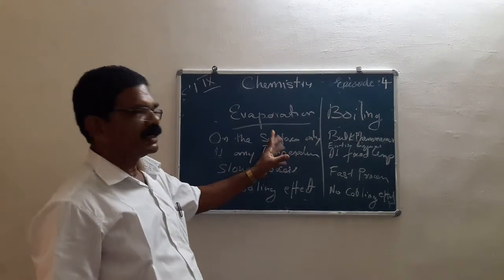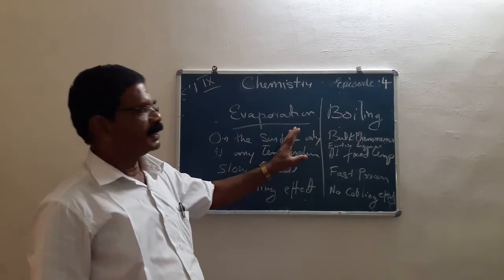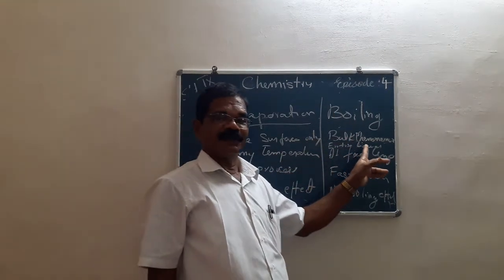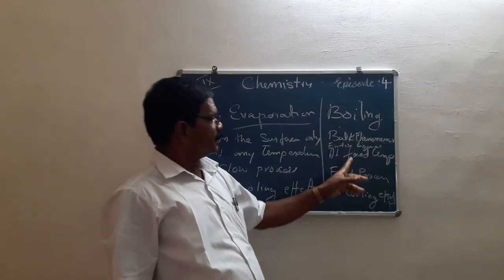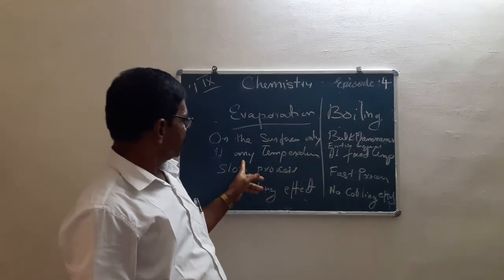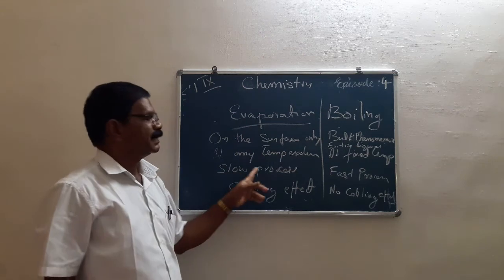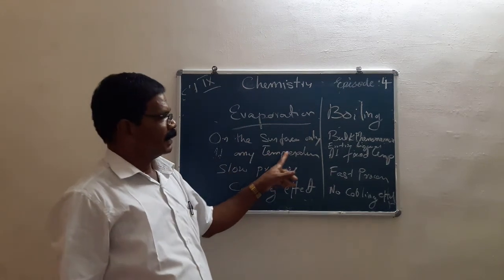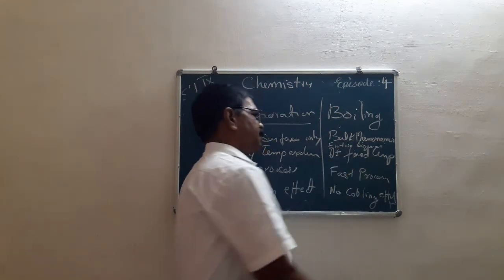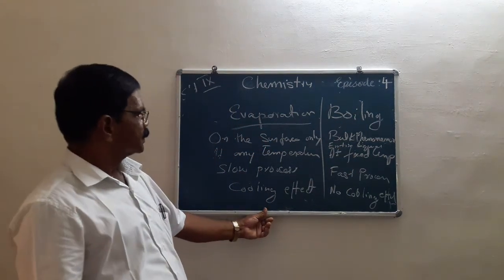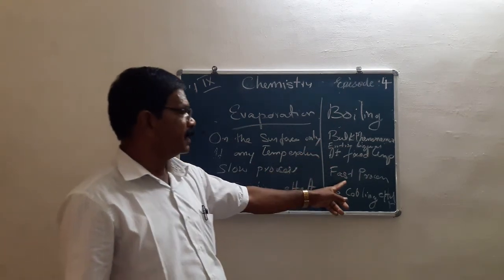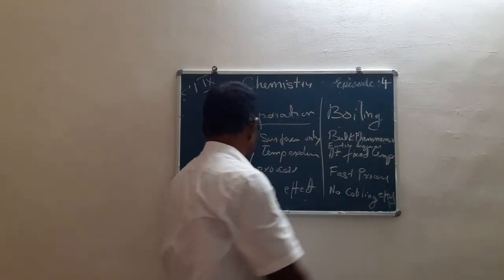Evaporation takes place on the surface only. At the same time, when boiling water, we see that the entire liquid boils. It's a bulk phenomenon. The second thing is, evaporation takes place at any temperature, but boiling takes place only at a fixed temperature. Evaporation is a slow process, and at the same time, boiling is a fast process.